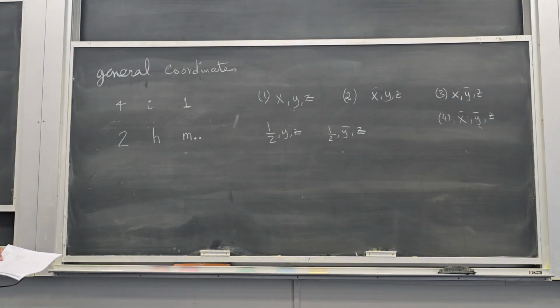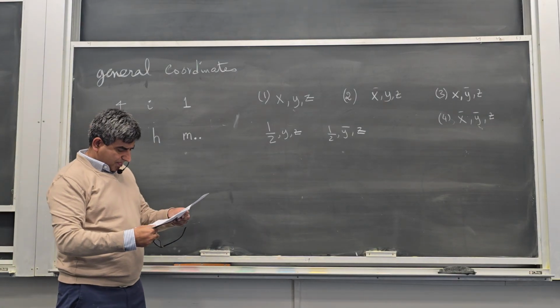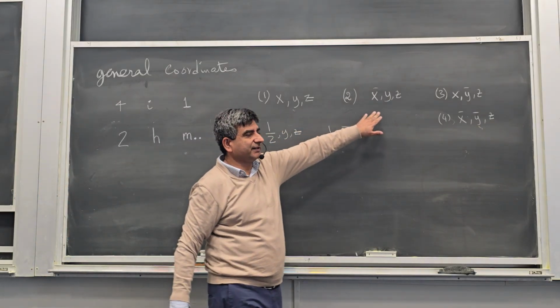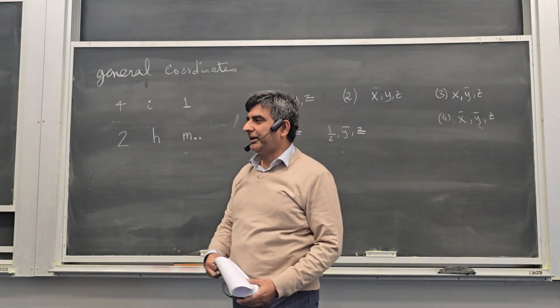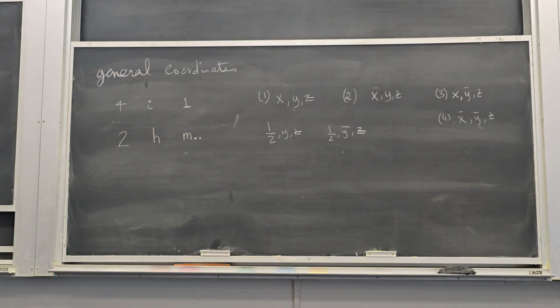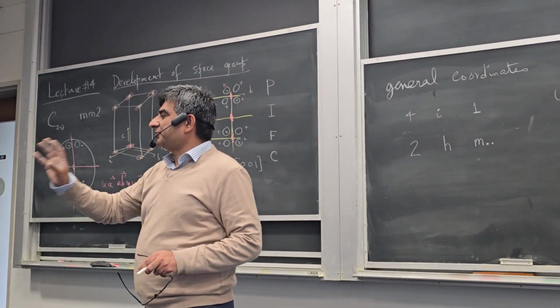Now what does this mean? If there is an atom at half, y, z, these are the general coordinates for any atom. Every space group has general coordinates with just the trivial symmetry. An atom placed there has only trivial symmetry. So you can put any motif you like, any structure, any collection of atoms with no symmetry at all, or any symmetry you like at this position.